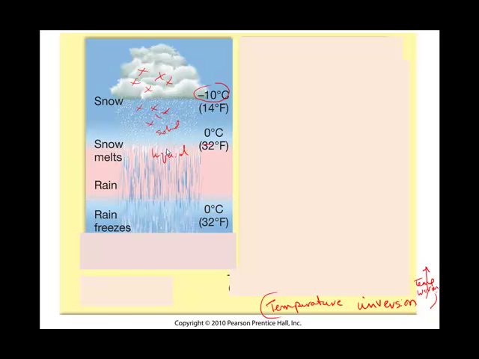Now, at some point, we have kind of a pocket of air that is colder now. For some reason, as we got near the ground, the temperatures got colder again. That's what we call a temperature inversion. And the consequence of that is to take that liquid and refreeze it. But we can't have the Bergeron process going on right here with that falling precipitation.